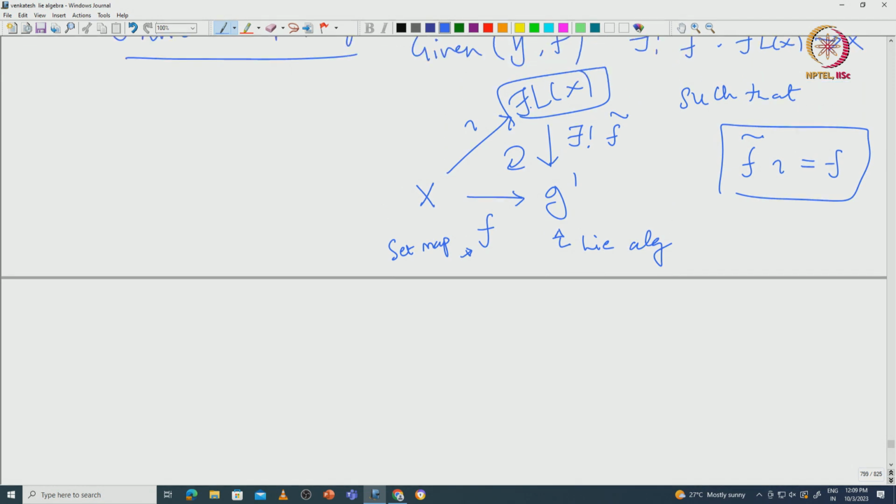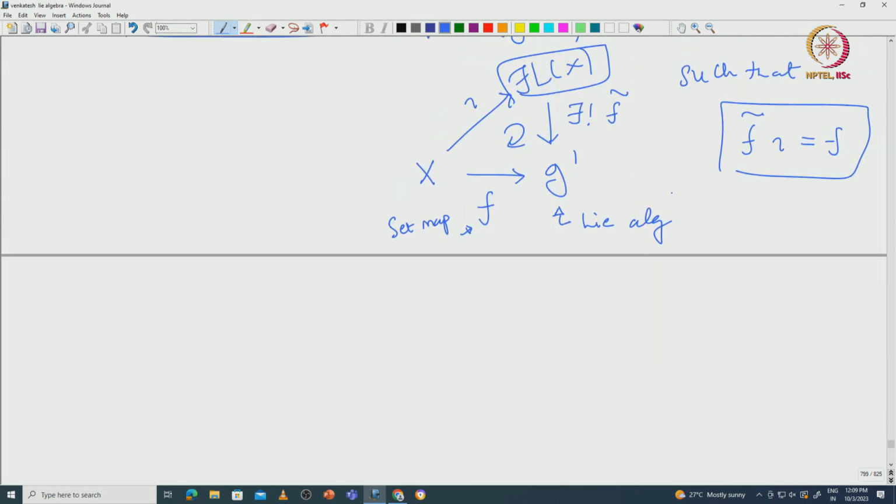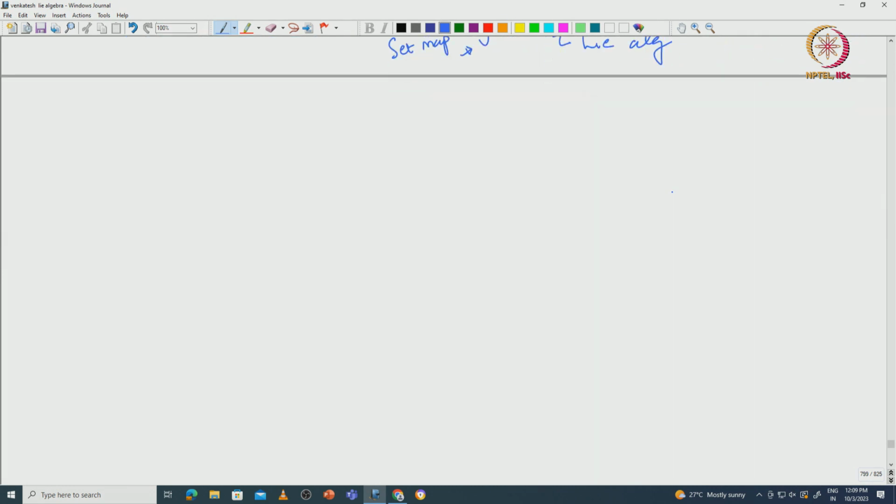Then that map can be again extended to what is called the tensor algebra, provided this g dash sits inside some universal object. Let's take that as a black box.